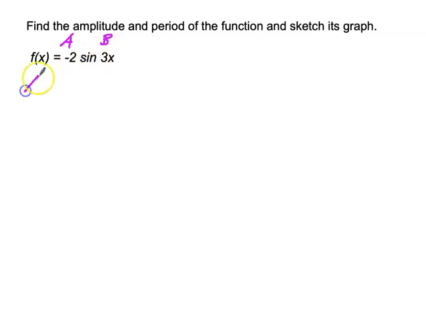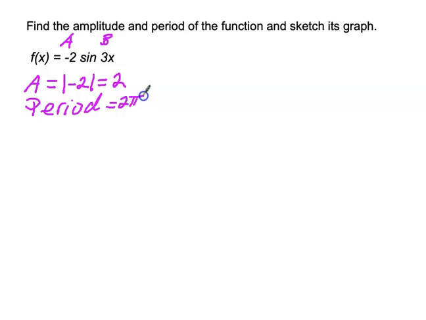So first, amplitude. I'm going to write a equals, and amplitude is the absolute value of the number, in this case, absolute value of -2, which is 2. Now period. So period, as you know, for sine and cosine is 2 pi.